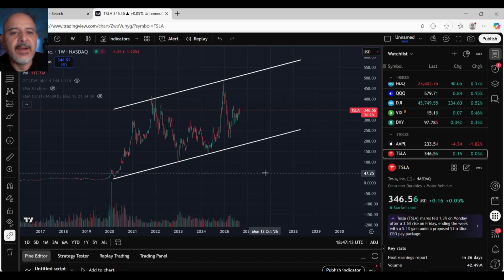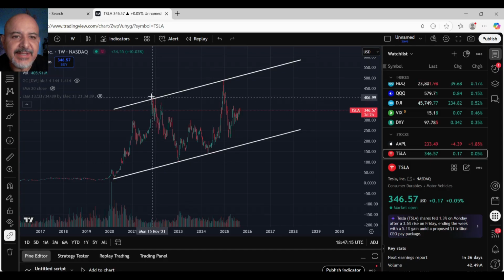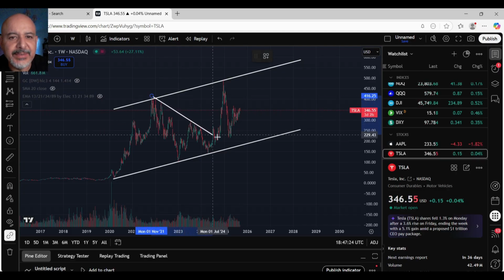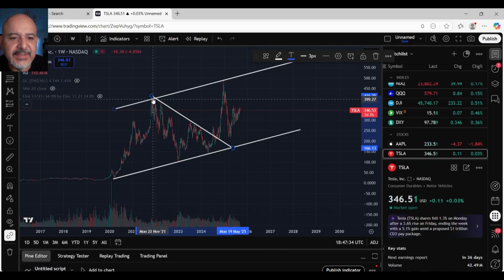Tesla chart. You'll see the last high that was created here in 2021, and then how we went in a downward movement from there, pretty much into about August of 2024.